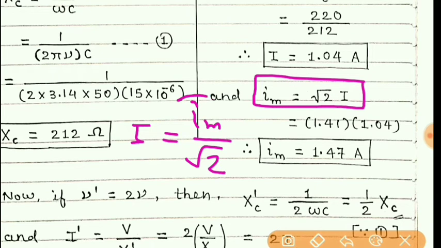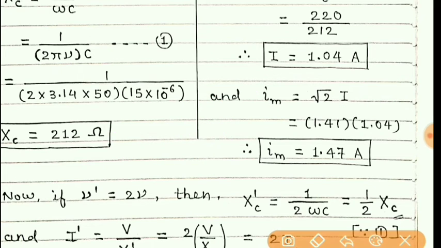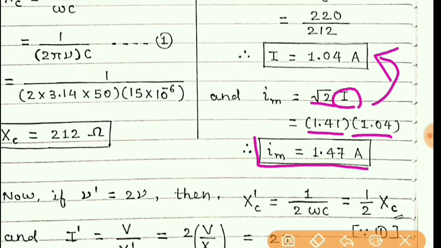So if we make Im the subject, we get root 2 into I. Now the value of root 2 is 1.41, I we have already obtained, it is 1.04. Calculating this, we will get maximum value equal to 1.47 ampere.